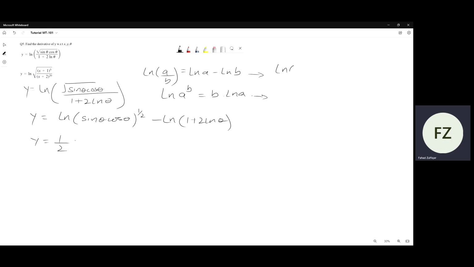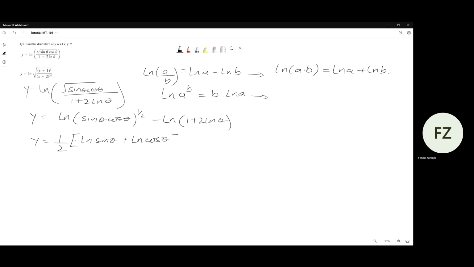As you know, ln of a dot b is equal to ln of a plus ln of b. So this will become 1 by 2 times ln of sine theta plus ln of cos theta, and the second part stays the same, minus ln of 1 plus 2 ln of theta. So now we can easily differentiate this function.